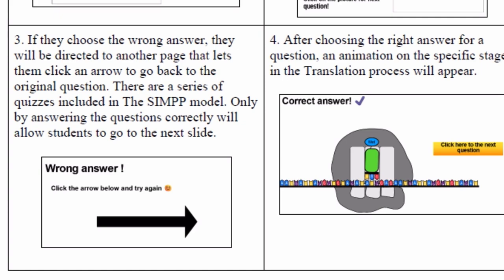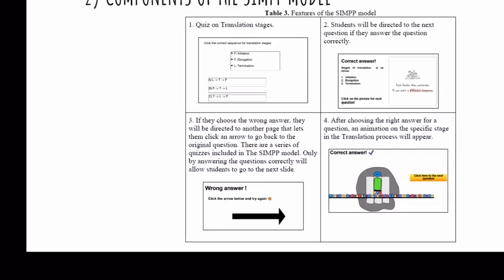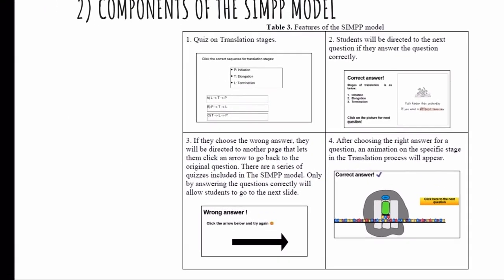In the Simpp model, there are a series of quizzes included, and only by answering the questions correctly will allow the students to go to the next slide. And lastly, after choosing the correct answer for each question, an animation will appear on the specific stage in the translation process. So the students can visualize the translation process better using the animation provided.